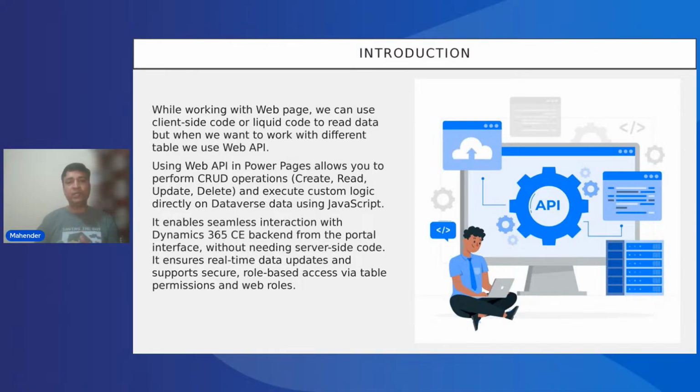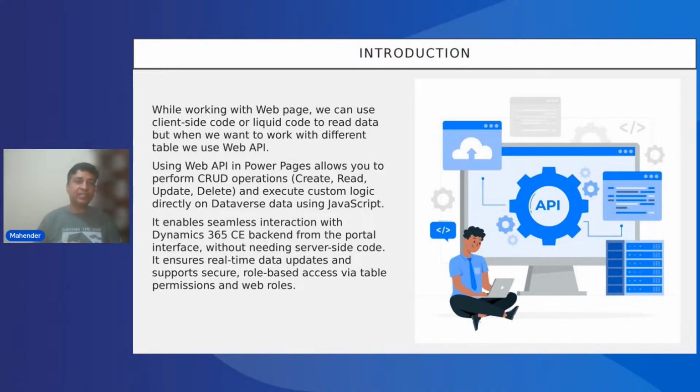Maybe there are two fields, and we want to perform some calculation on them, or hide some fields based on a particular field, such as the customer relationship type. Based on the customer relationship type, maybe there are two or three fields, such as credit limit or some address information, that we want to show or hide. That kind of thing can be easily done using JavaScript.